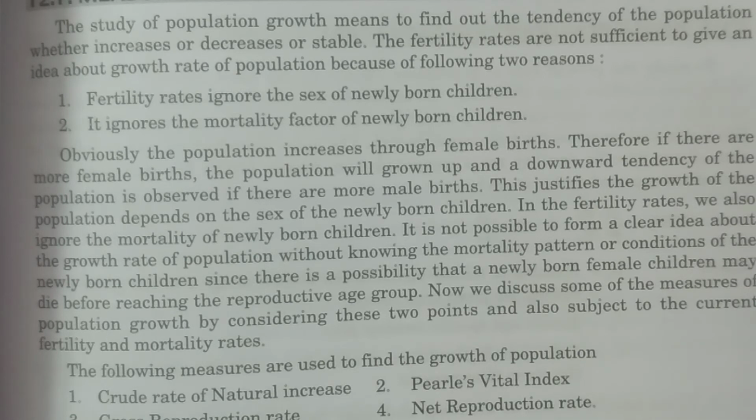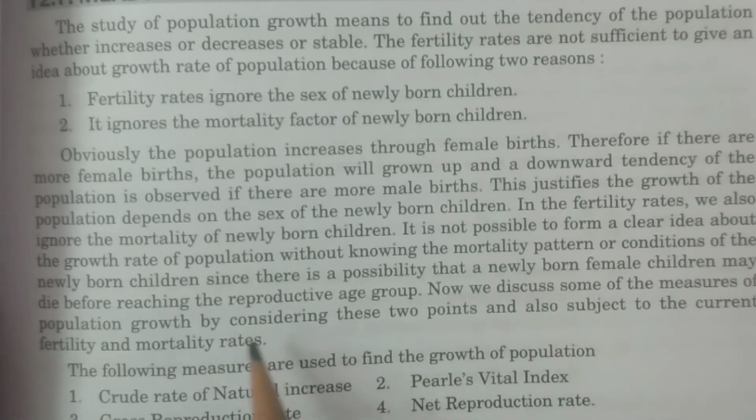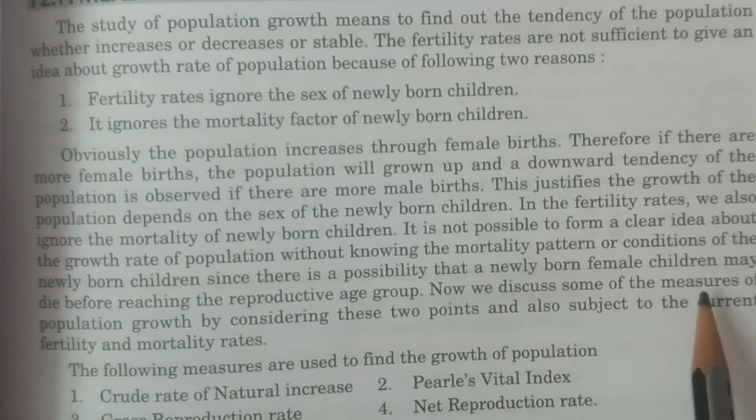Since if they survive up to the age group, that is up to 15 years, then only they can reproduce the children. That is the factor. Hope you understand. This is the important factor.